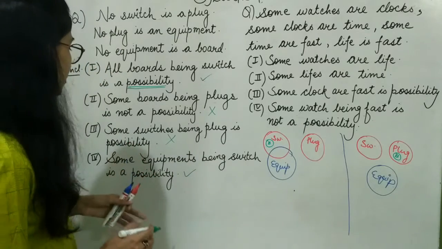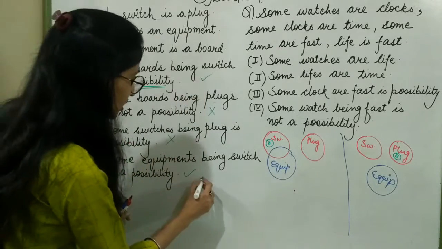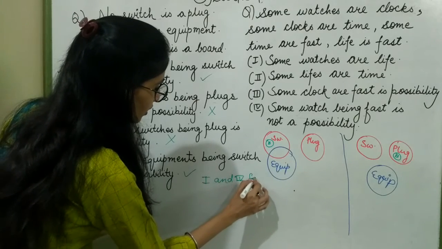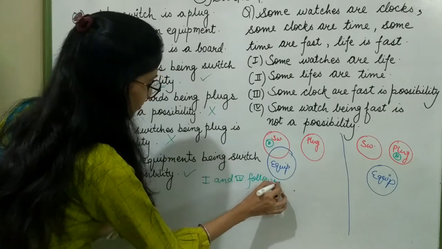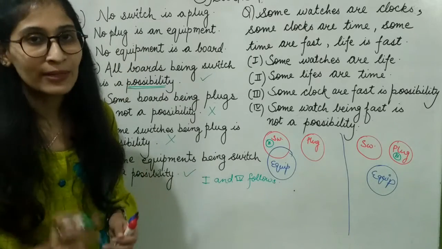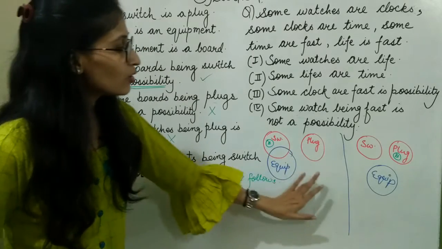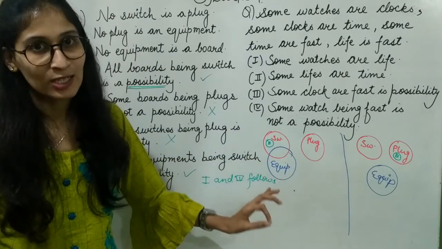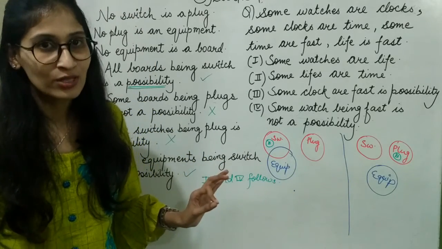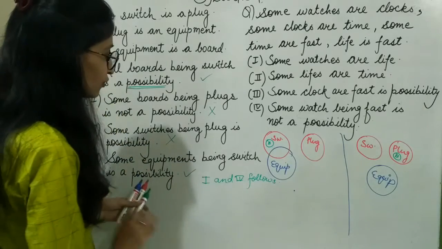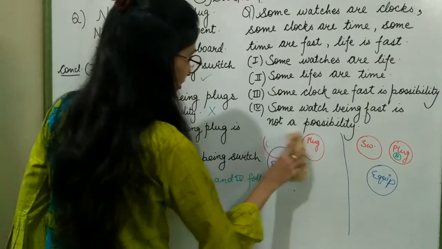So the answer of this question is conclusion first and fourth follows. So whenever there is the word possibility in the conclusions, look in the Venn diagrams. If the conclusion is satisfying any one of those, then it is true. Now let's move to our next question.